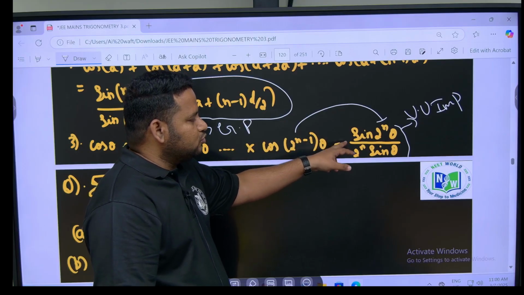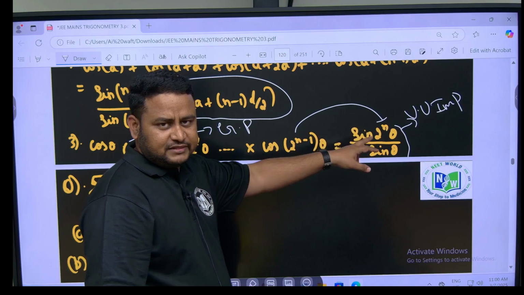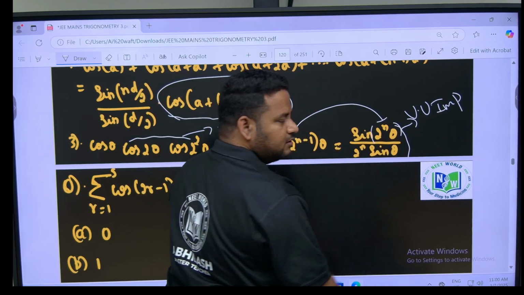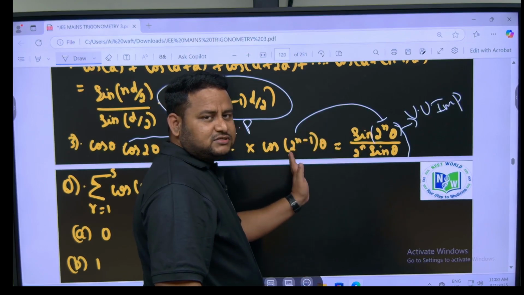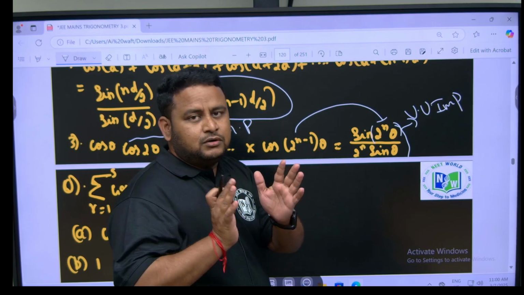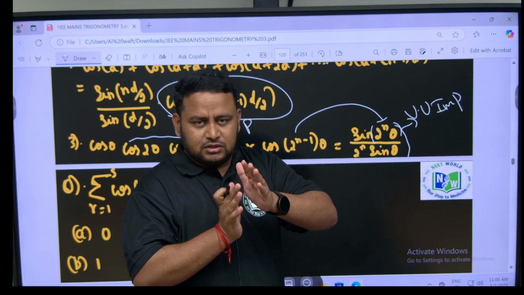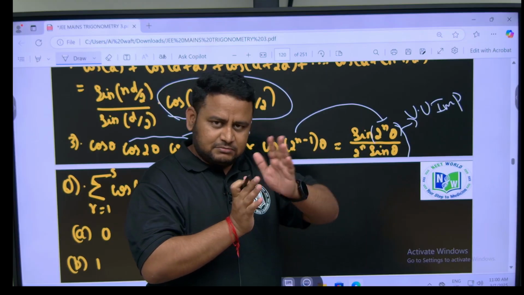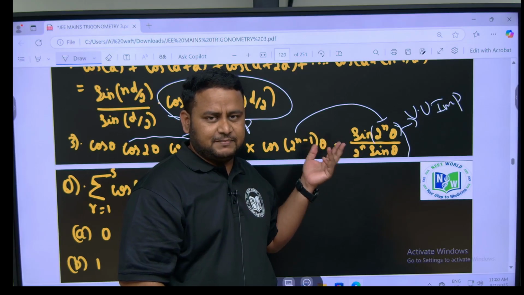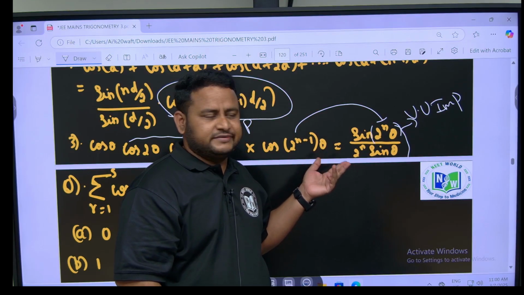So the next term would have 2 to the power of n. The result is sine of 2 to the power of n theta divided by 2 to the power of n sine theta; the 2 to the power of n comes outside in the denominator.